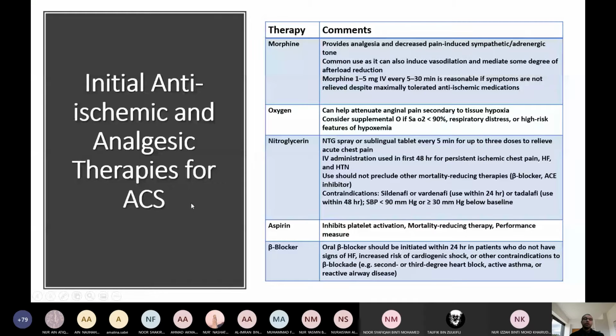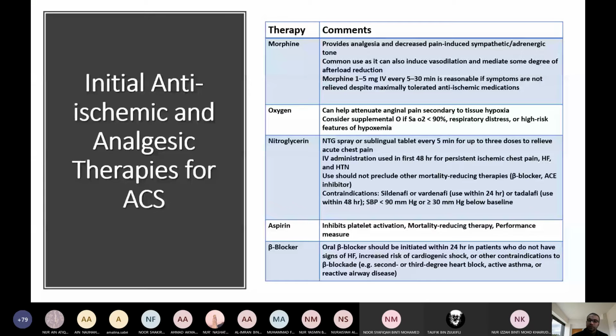Okay, before we go for the specific treatment, initially all ACS patients have to receive what we call supportive therapy upon presentation. This supportive therapy includes pain management, oxygen, nitroglycerin, and of course aspirin and beta blocker within 24 hours.